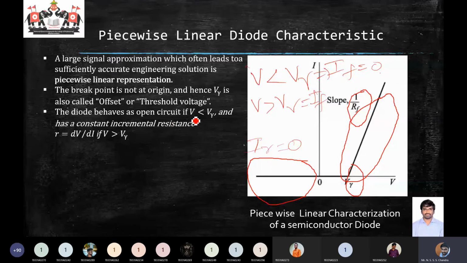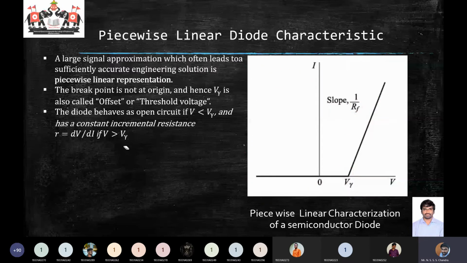So in most of the GATE problems also, they might give only the approximate model for simple calculations. Okay, this is called piecewise linear characteristics. It's only an approximate model. And then if you have an ideal diode, in an ideal diode, even this cut-in voltage V gamma will be made equal to 0.